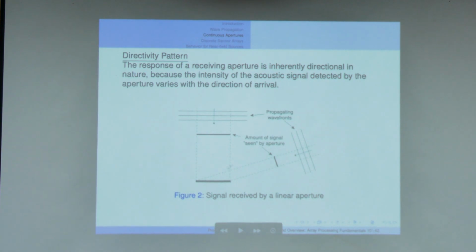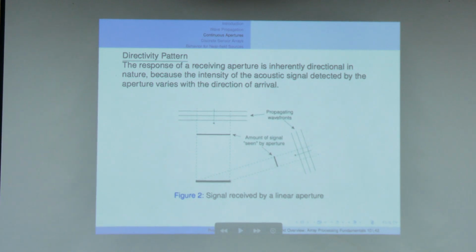But if it comes from another direction, maybe because of the phase differences, they cancel each other. The electric signal received here, here, and here all come with different phases, and maybe they cancel each other, and then it will be reduced. So this enables us to discriminate between acoustic waves that come from different directions using an aperture.